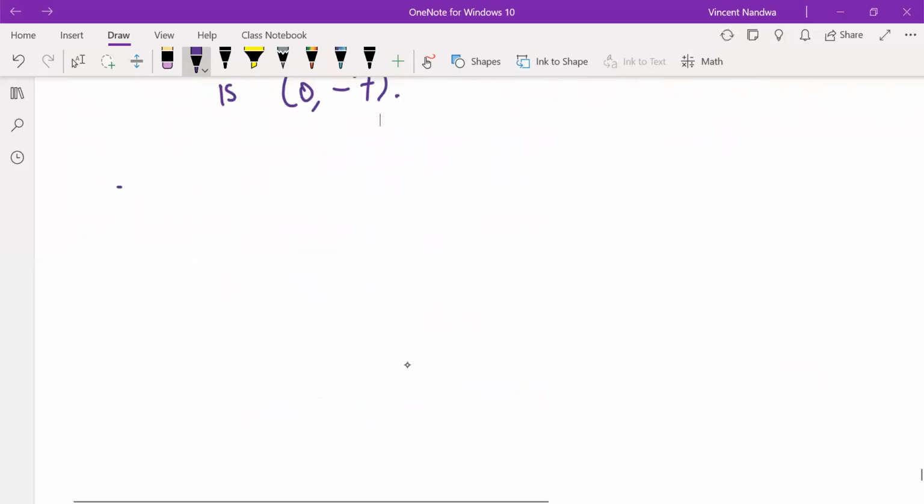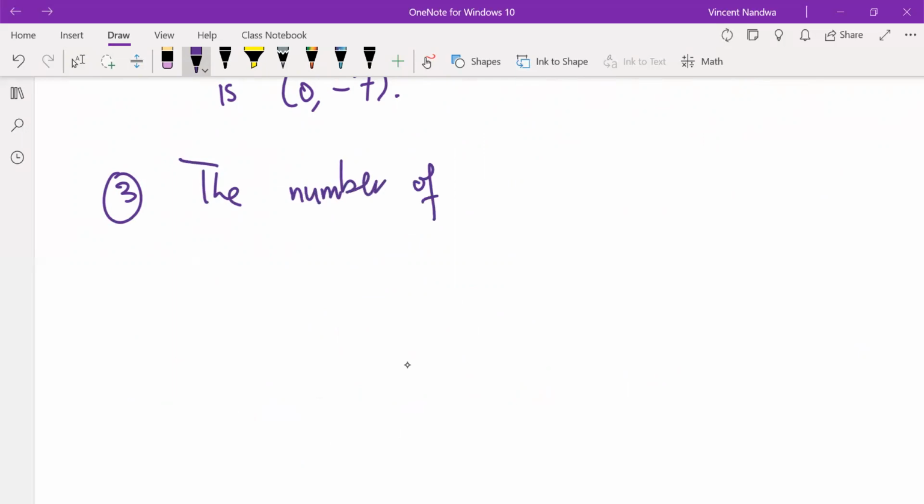Number 3, the number of heads and legs of deer and human.